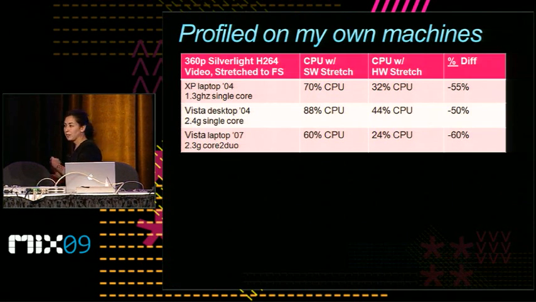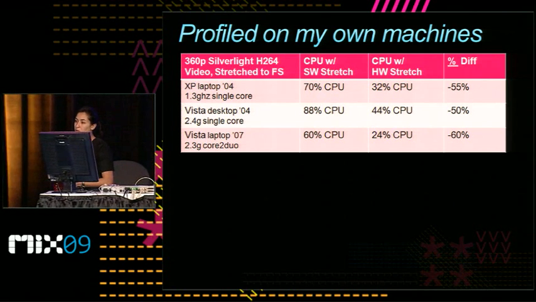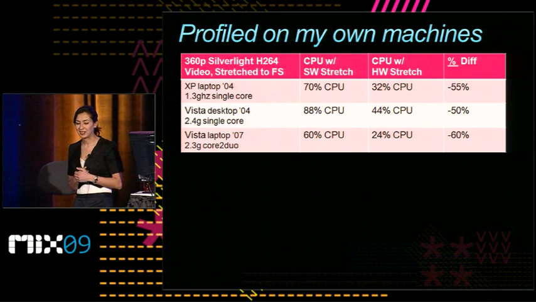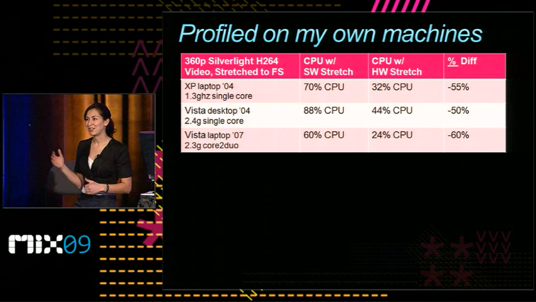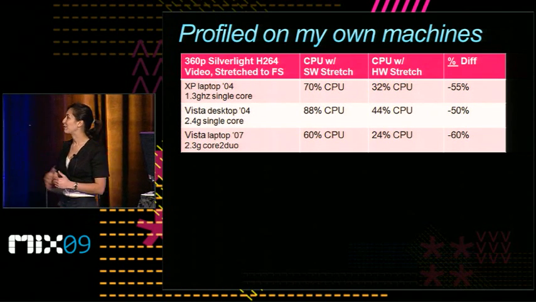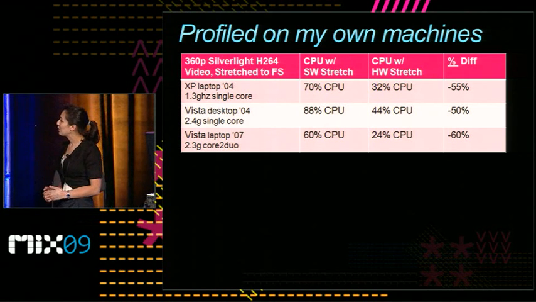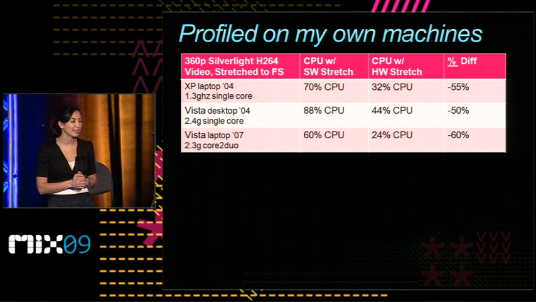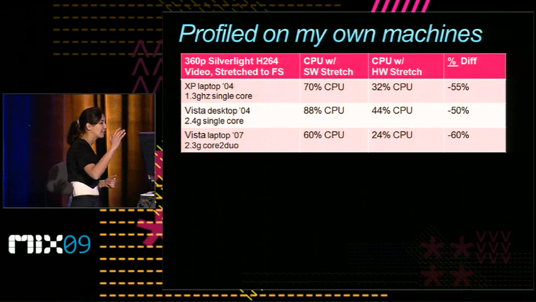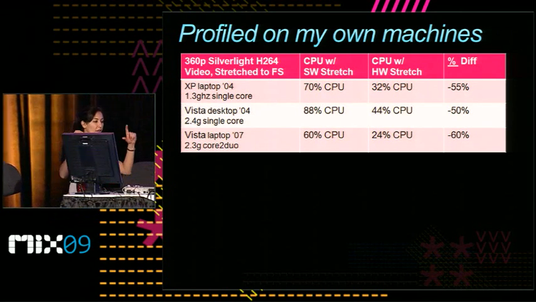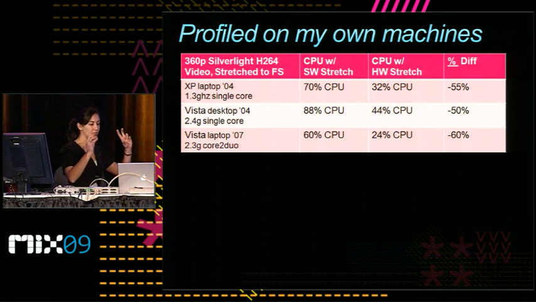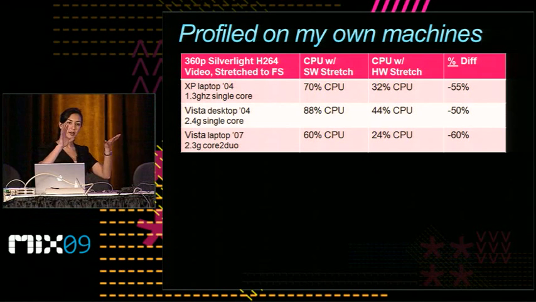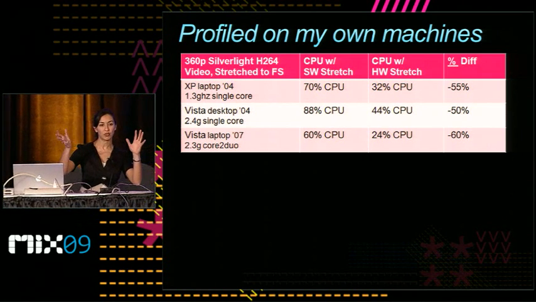I did some profiling on my own machines with the resolutions that I use at home. Well, sort of. The first laptop was basically the crappiest laptop that we could find in the team. It's a 1.3 gigahertz single core. I didn't even realize that they made these in 2004, but they do. It was stretching the video at 70% CPU. If I took that same video and stretched it to full screen with hardware stretch, I see my CPU usage drop in half.